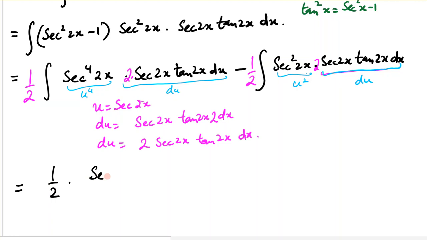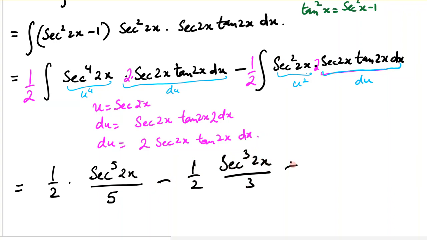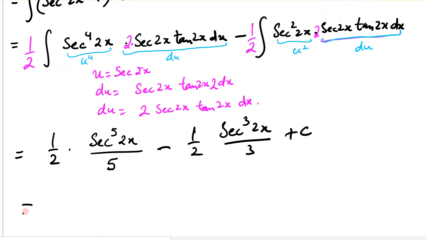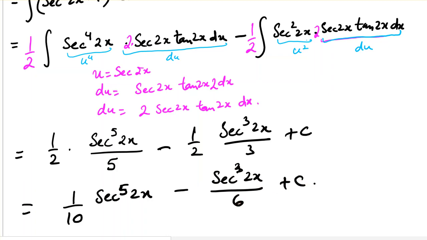So this means secant 2x raised to power 5 over 5, minus half, and then secant cube, and then divide by the same new power, plus c. So overall we got 1 over 10 secant raised to power 5 of 2x, minus secant cube 2x over 6, plus c.